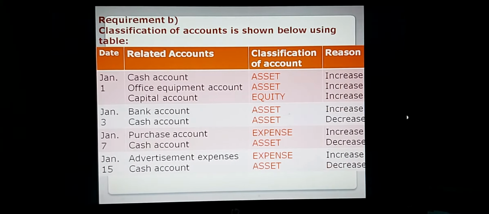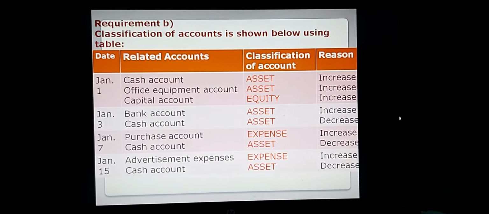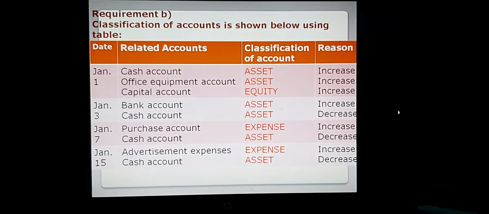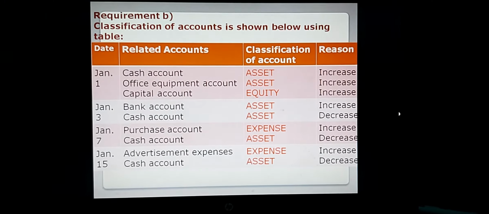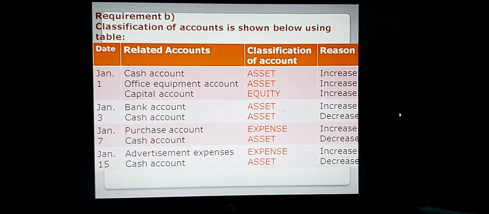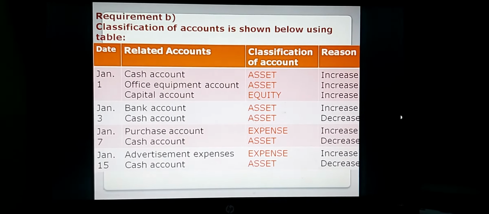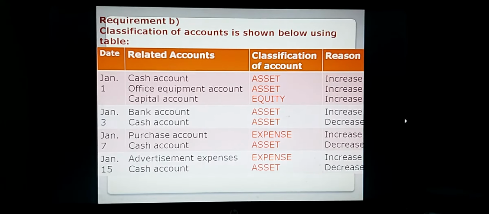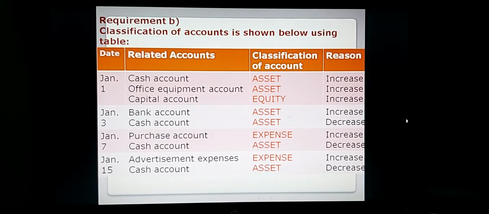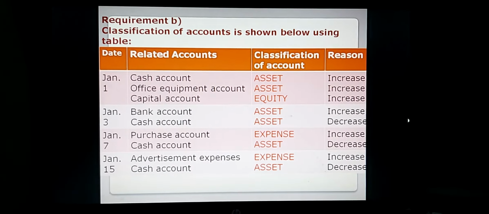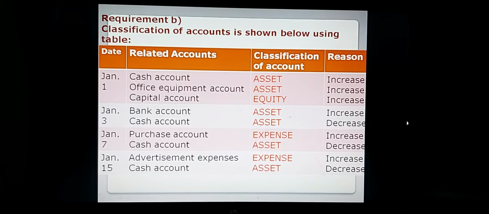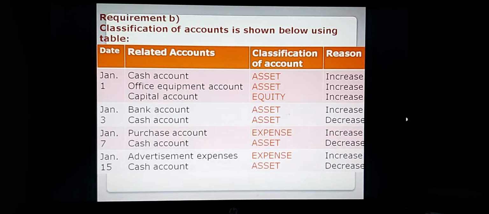Okay, at first you have to know in each transaction which accounts are related. Given the date, transaction number January 1, started business with cash and photocopy machine. 2 items are related for starting a business.